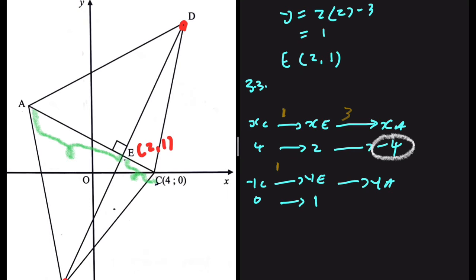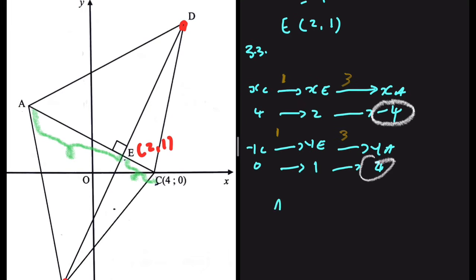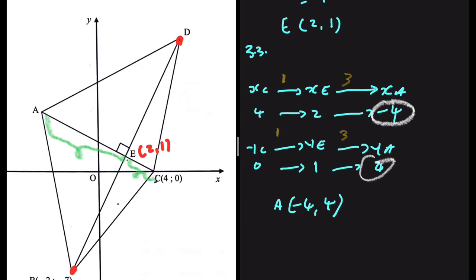So from Y of E to Y of A, we're going to move 1 multiplied by 3. So that is 1 plus 3, which is equal to 4. So this is the Y coordinate of A. So the coordinates of A, we have minus 4 and positive 4. Our answer to 3.3.